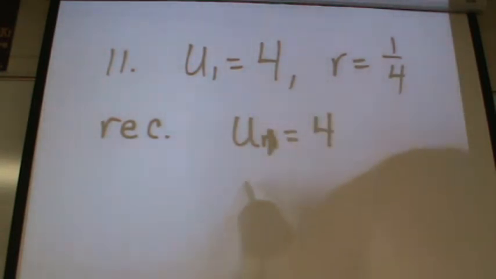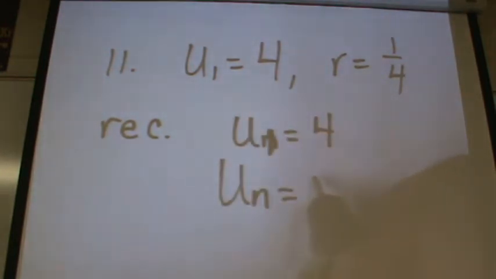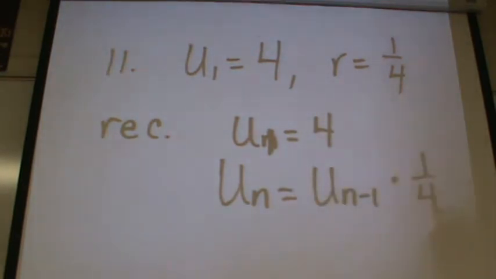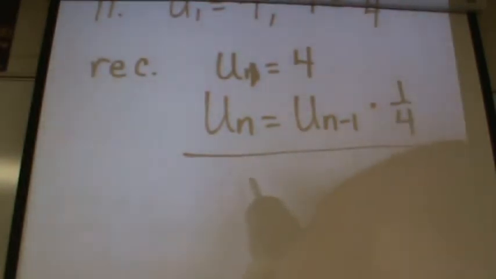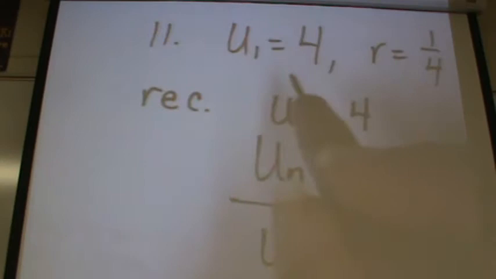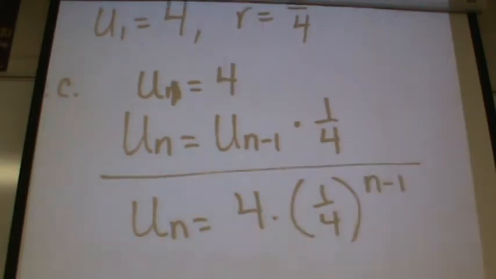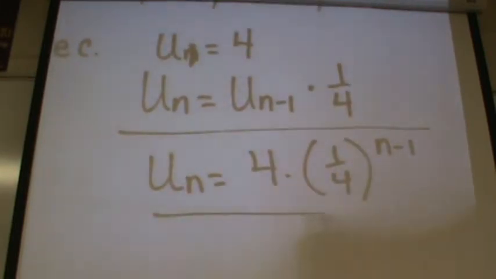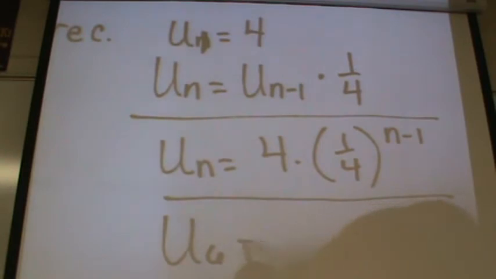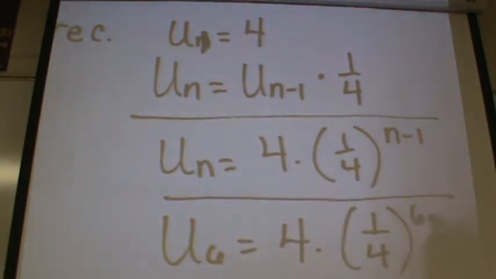State the first term, then u sub n is the previous term times the r value, which is 1/4. And for the explicit, u sub n is the first term, which is 4, times the r value, 1/4, to the n minus 1 power. And if we're finding the 6th term, you're going to do 4 times 1/4 raised to the 6 minus 1 or 5th power.